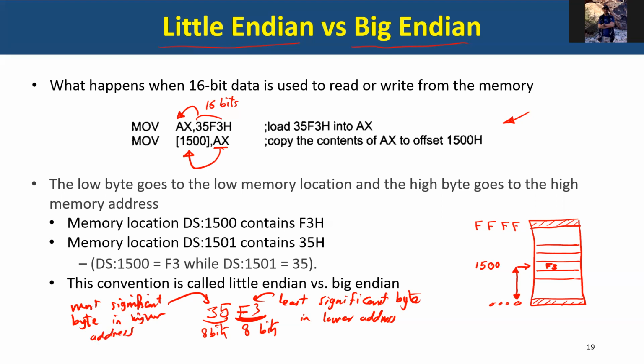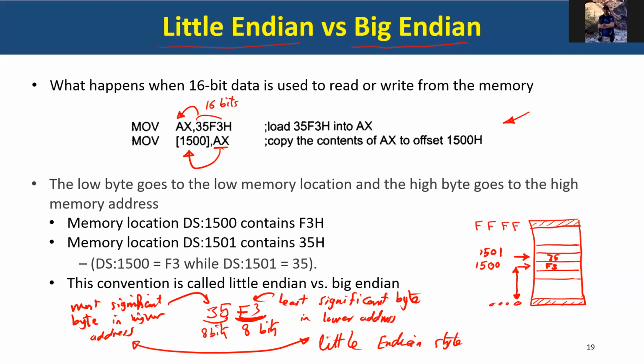So if the lower byte is at 1500, then you put the 35 hexadecimal in 1501. This is the little endian style of storing data.